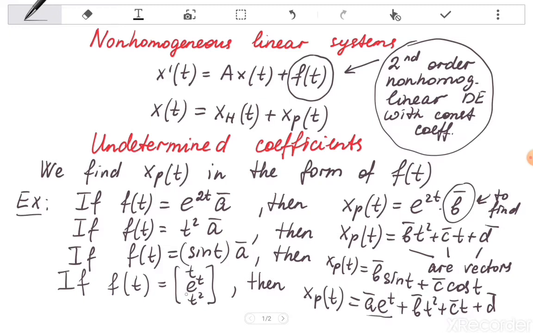This is because of this one, and this is because of this one and this one here.